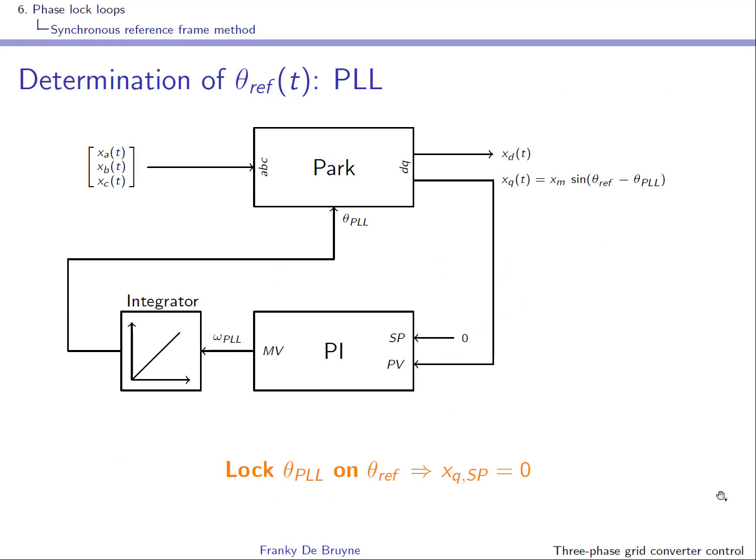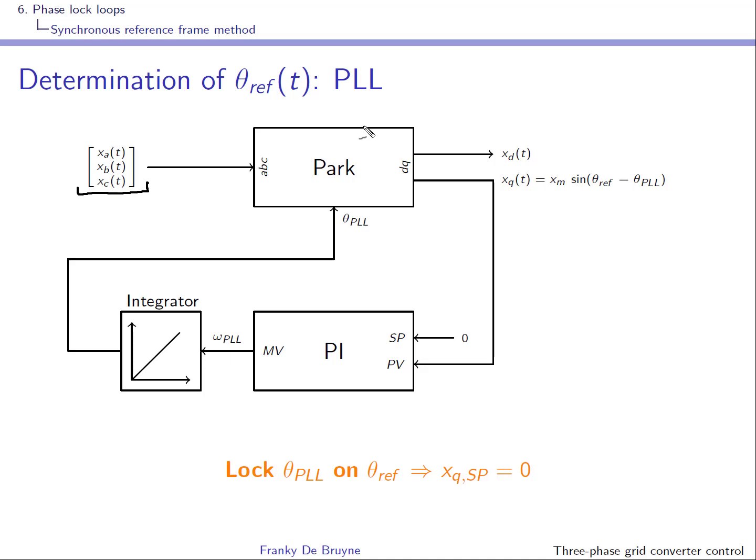So based on this analogy, we can now write an algorithm for the phase lock loop, or PLL. This is the signal we want to track. This signal has a certain reference angle, and we want our PLL to track this reference signal or angle.